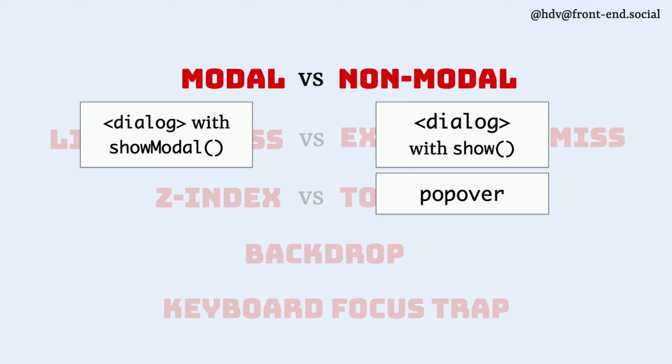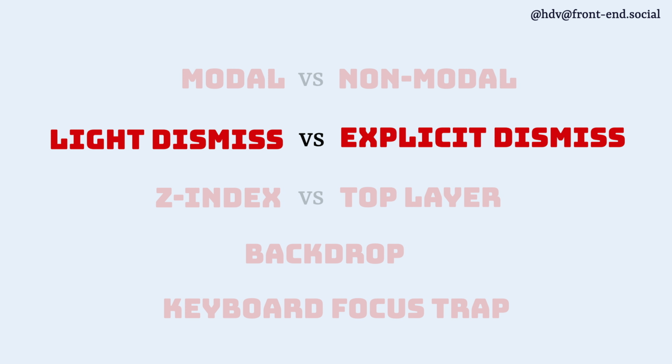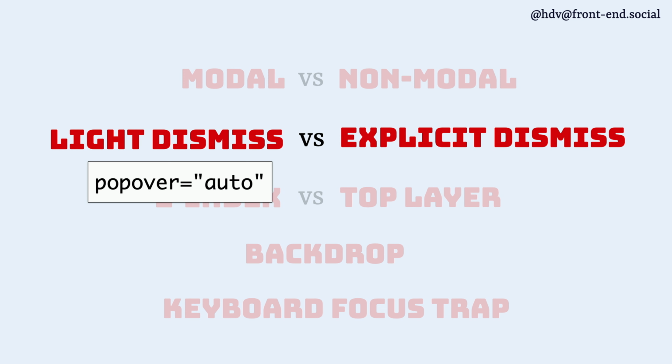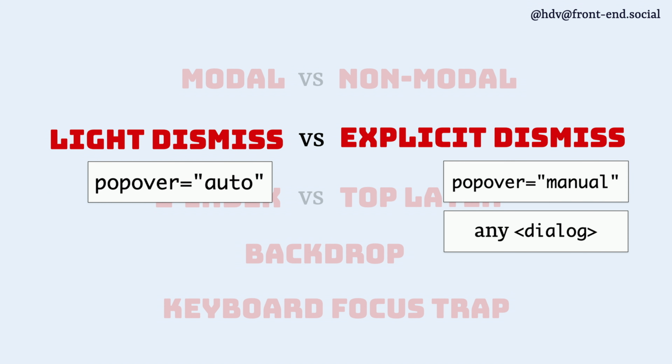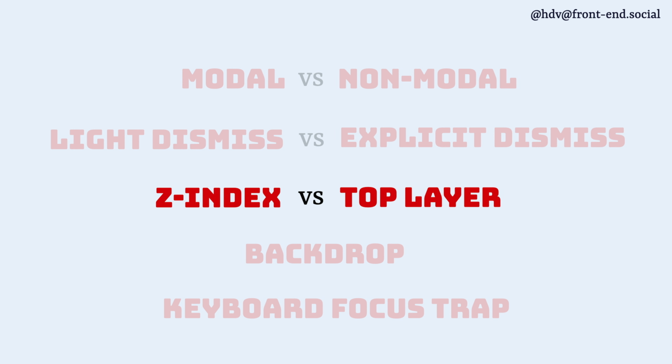For non-modals, you'll use a dialog with the show method, or a popover, or anything else really, like any div will also be non-modal. Then if you want light dismiss, you should use popover equals auto. That has light dismiss built in, and it's the only way to get free light dismiss from the browser. If you want explicit dismiss, you can use a dialog, or you can use popover equals manual, and have that done explicitly or via script.